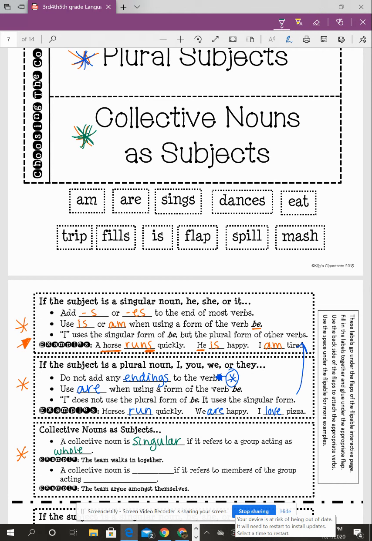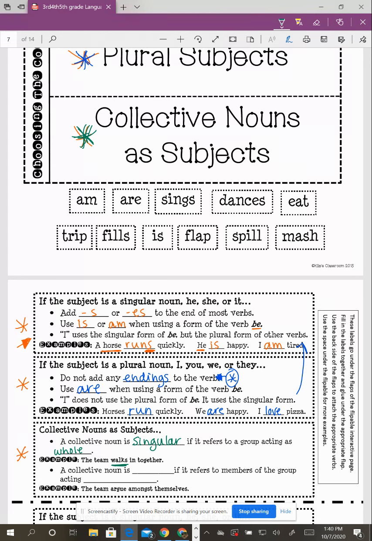For example, my class plays at recess. Since it was singular there, I would add an s to the end of play. The team walks in together. The team is acting as a singular noun, so we add an s to walk.